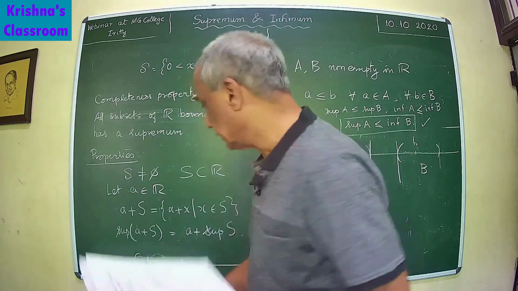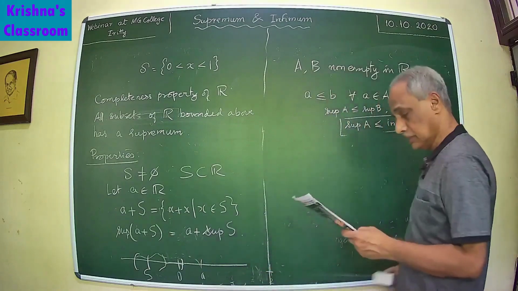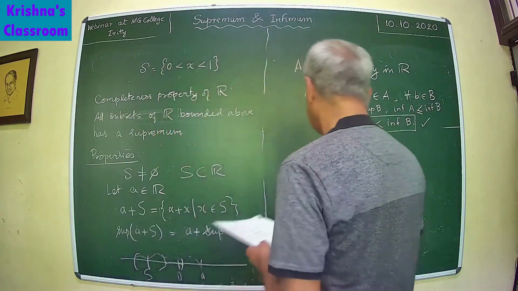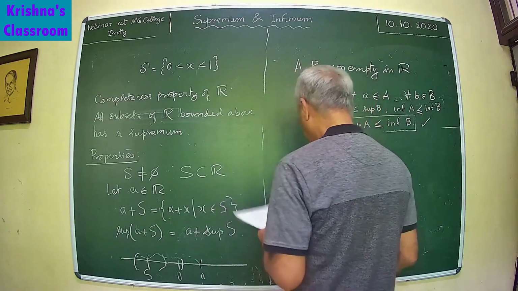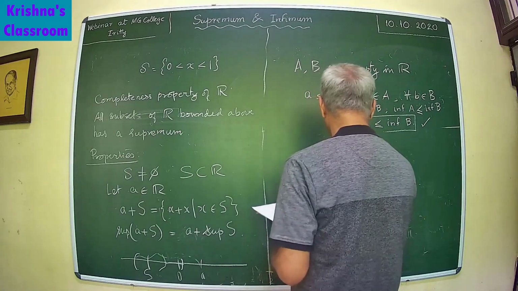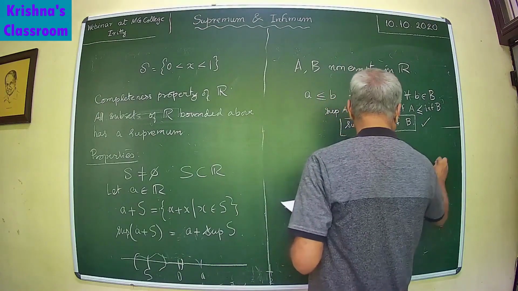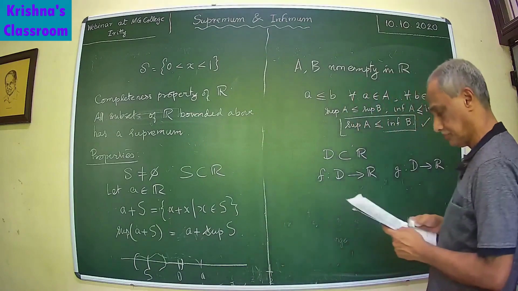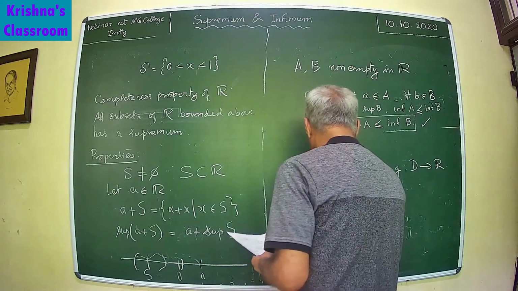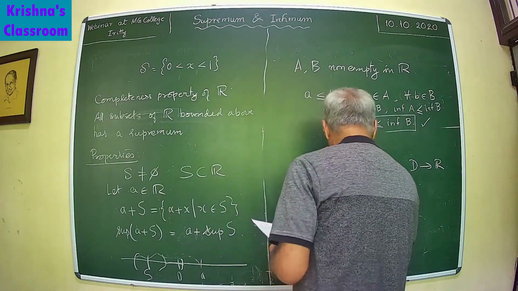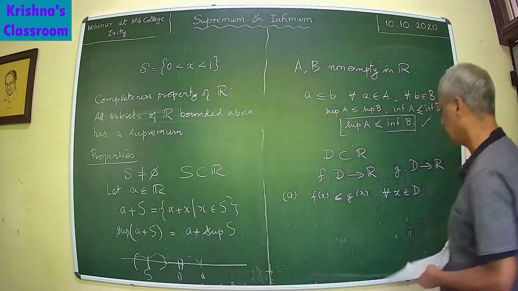That's not difficult. I mean, it's very easy to write down a proof for that. Now one can come to the question of some functions. Suppose D is a subset of R, and we define two functions, F from D to R and G from D to R. And suppose Fx is less than or equal to Gx for every x in D. Let's take an example.